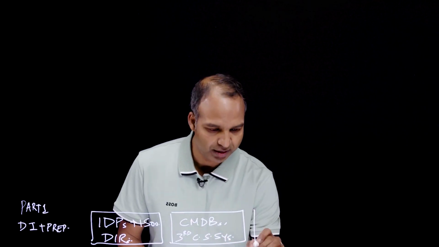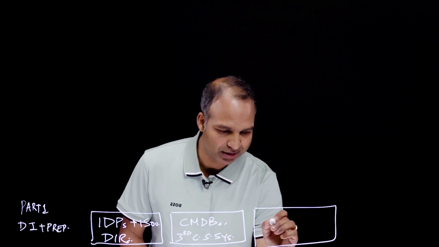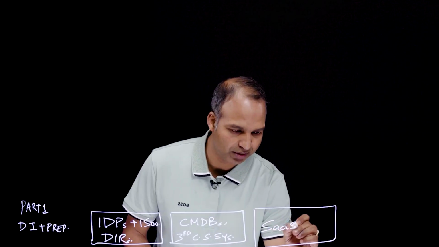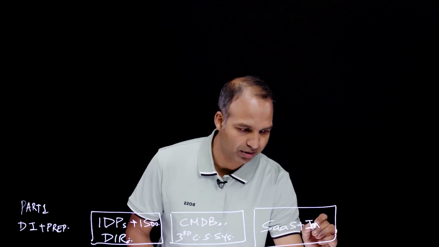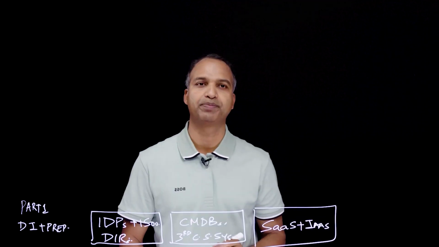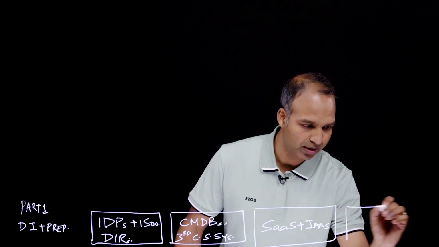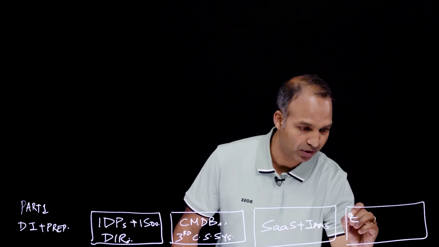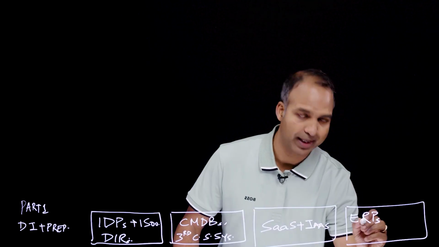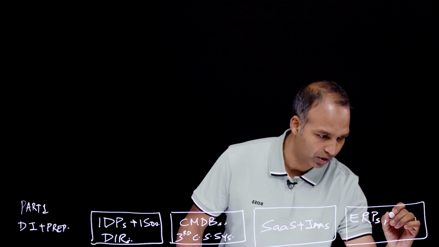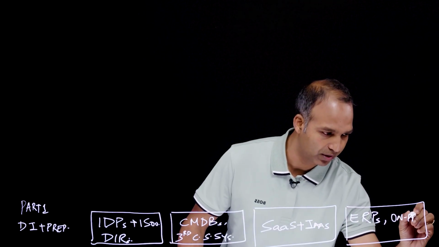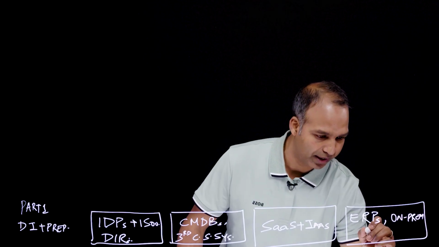The third one is going to be your SaaS platforms and your infrastructure as a service platforms. And the fourth one is going to be your very important ones, your ERPs, SAPs of the world, your on-prem applications, and your hybrid applications.